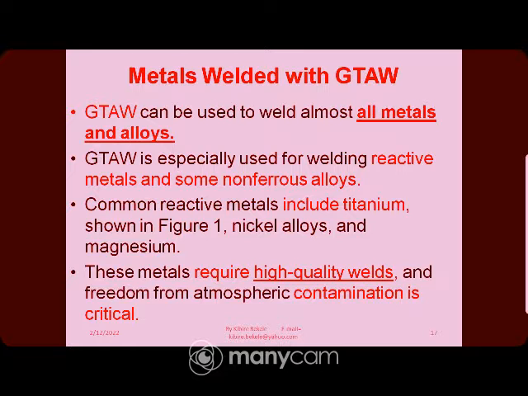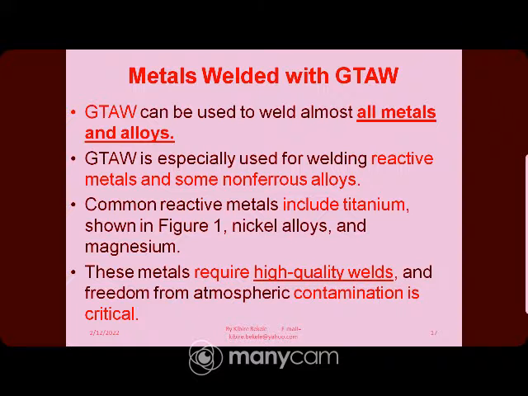The main reason we select this process is the material to be welded. Gas tungsten arc welding can be used to weld almost all metals and alloys. It can weld all types of metals and alloys.